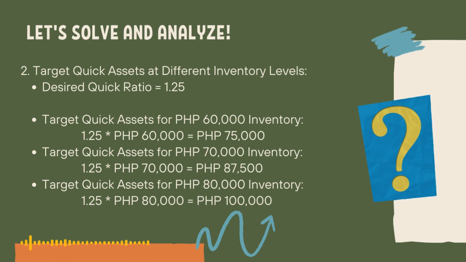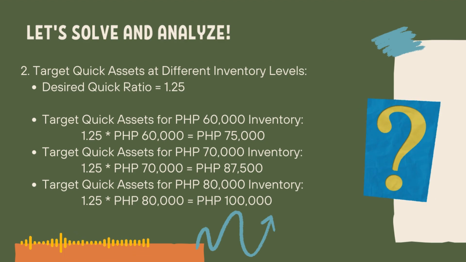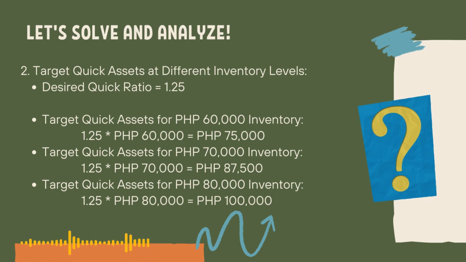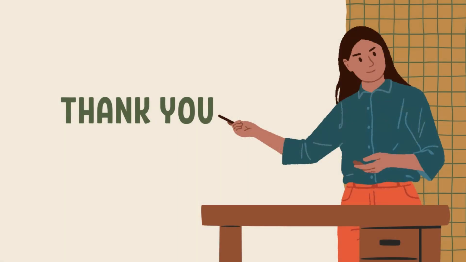And the target quick assets for 80,000 peso inventory would be 1.25, the desired quick ratio again, times 80,000 pesos, which would be equal to 100,000 pesos. That completes the 5 problems about quick ratio or acid test ratio. Thank you very much for listening.